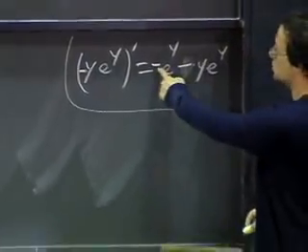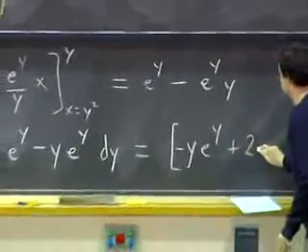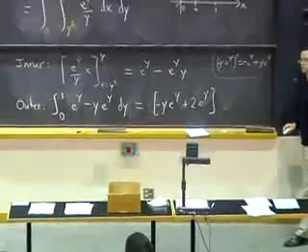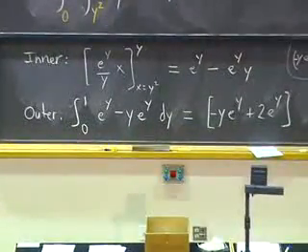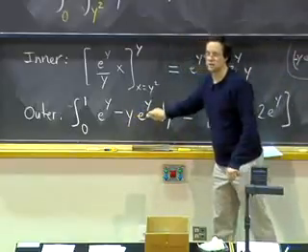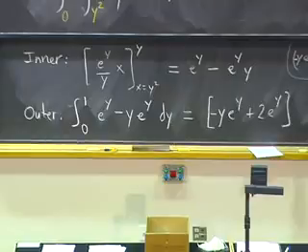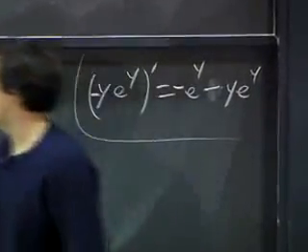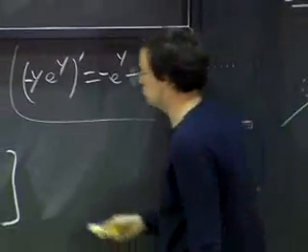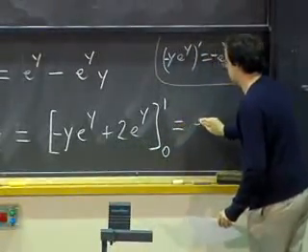That's almost what we want, except we have a minus e to the y instead of a plus e to the y, so we need to add 2e to the y. And I claim that's the antiderivative. If you got lost, you can also do it by integrating by parts, taking the derivative of y and integrating the other factor. Your first guess would be minus y e to the y; take the derivative of that, compare, and see what you need to do to fix it. If you take that between 0 and 1, you will eventually get e minus 2.